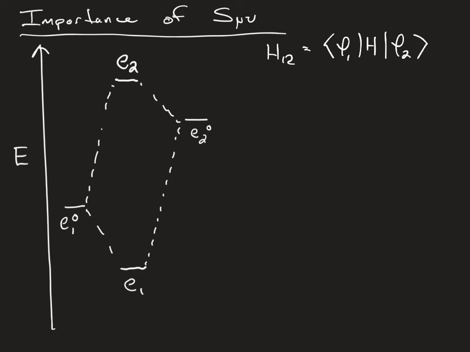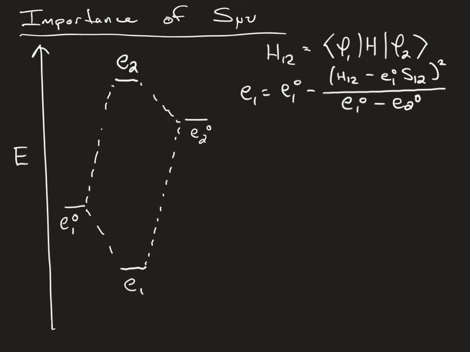It's telling you how the two wave functions are coupled together through that Hamiltonian operator. And E1 is just equal to E1 naught minus (H12 minus E1 naught S12) squared all over E1 naught minus E2 naught.